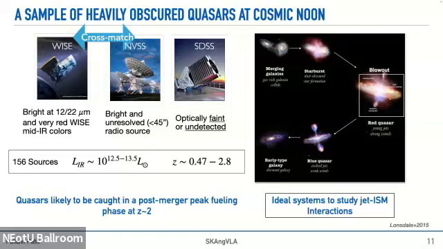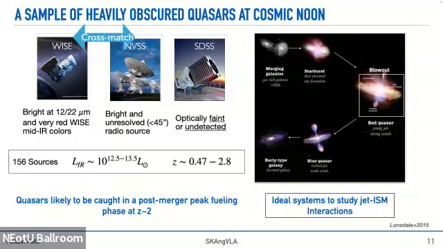The goal for this sample, which we found at redshift of about 2, was to identify interesting sources for which we can do detailed follow-ups to understand AGN jet-driven feedback and jet-ISM interactions.